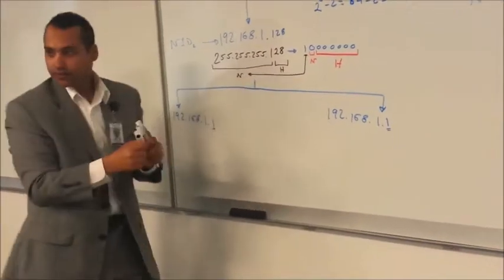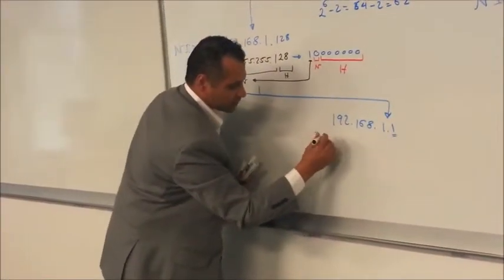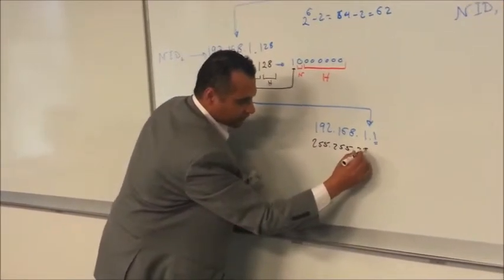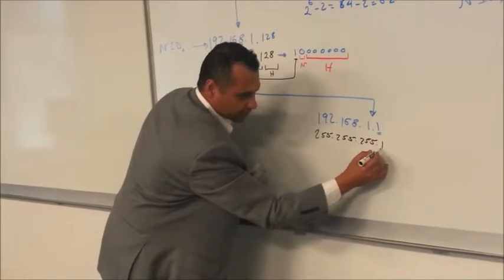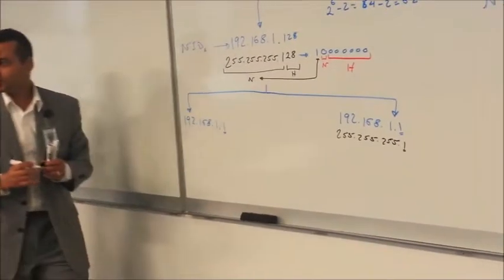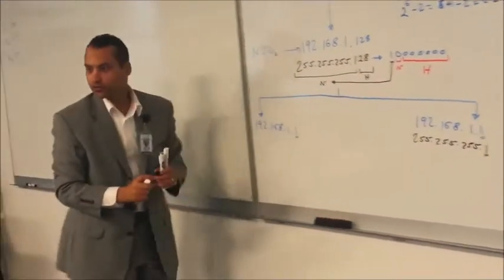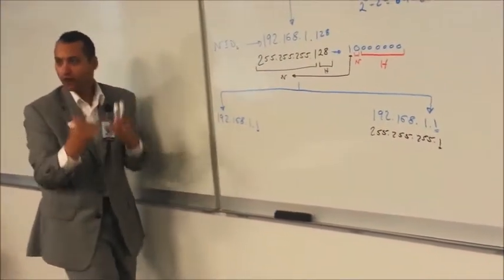To copy the subnet. So it's going to be 255.255.255 and what? 1 in binary. Don't forget the one that's here, the one over there. It still belongs to this network, the old one, because the old one you have to copy it.